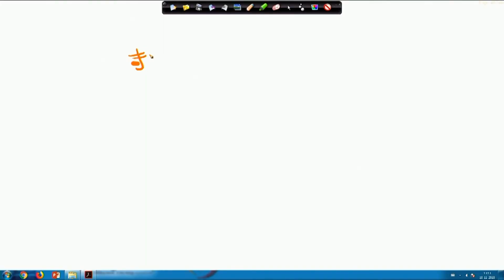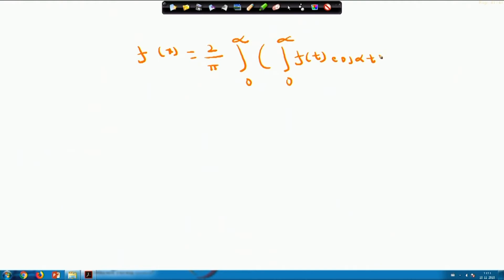Equation 8 is f(x) equals 2 by pi, integral from 0 to infinity of f(t) cos(alpha t) dt, into cos(alpha x) d alpha. This was your equation 8.